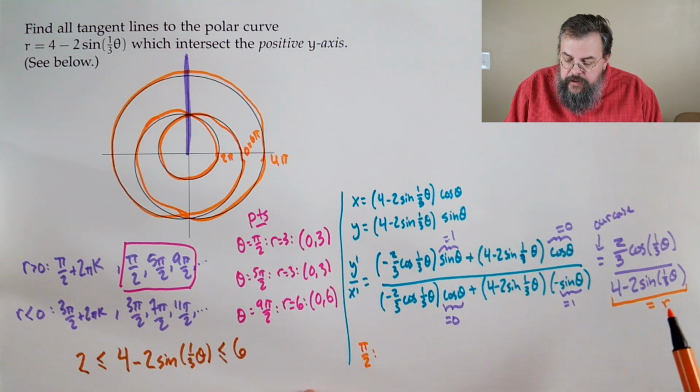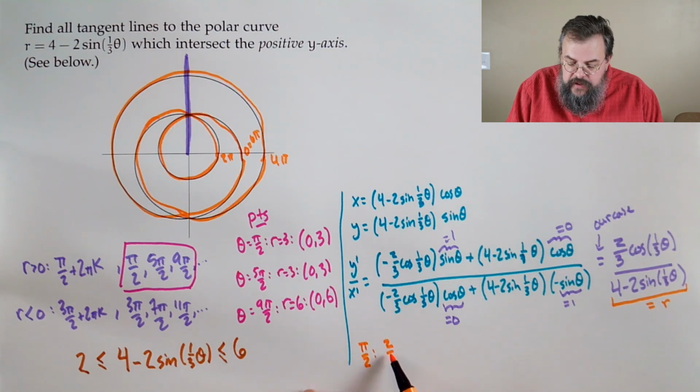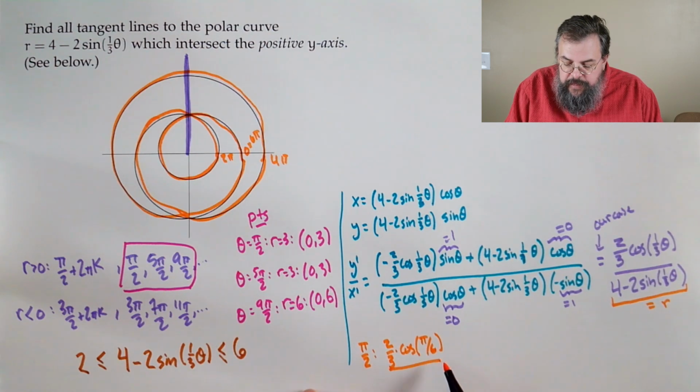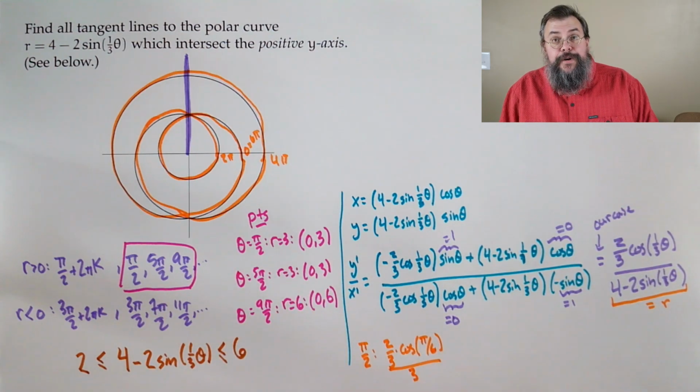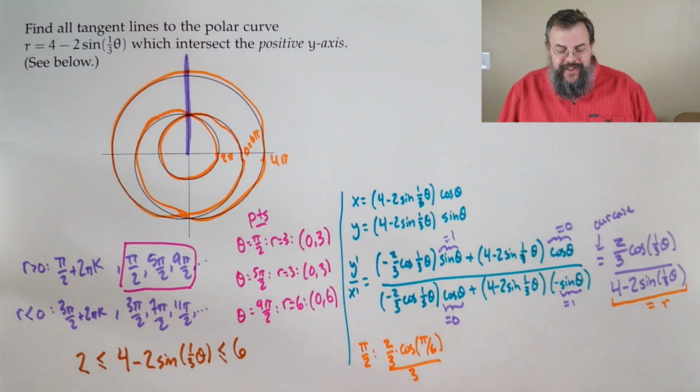What do we get? Well, we're going to get a 2/3. And then here, we're going to get cosine of pi over 6. And then we're going to divide it by our value for r, which is 3. Now, do we know cosine of pi over 6? Yes, it's on the chart.